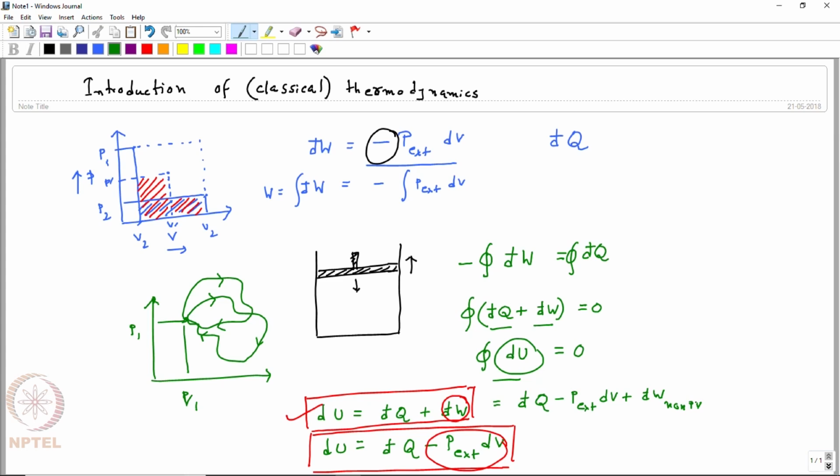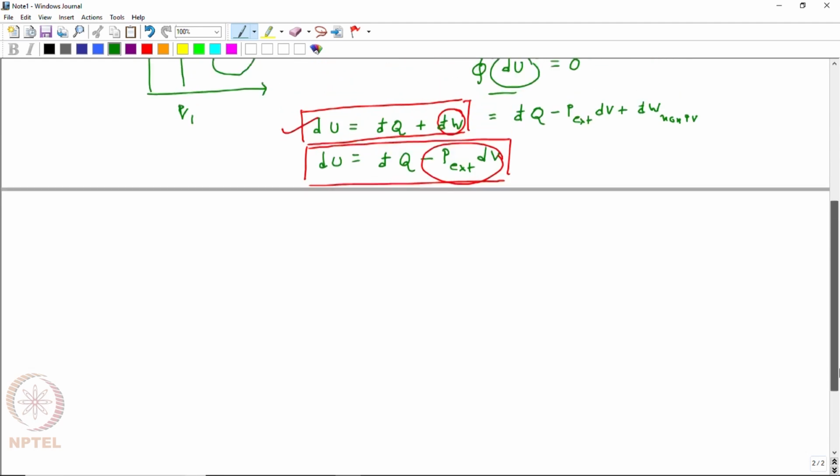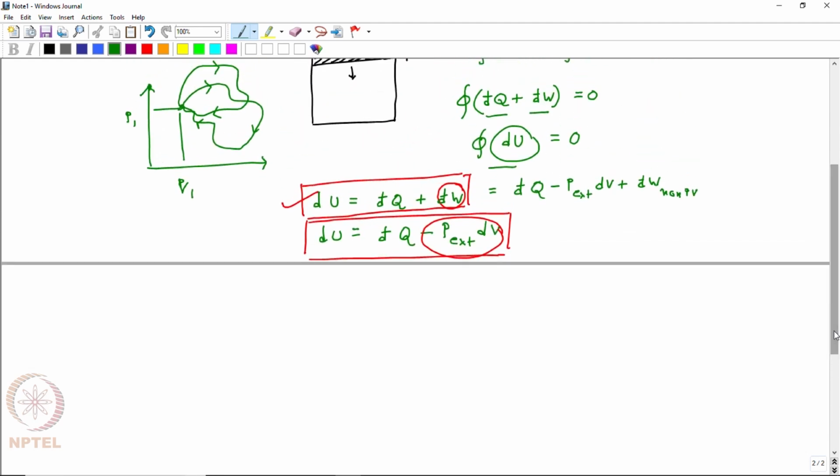And then from the first law, what we further study is this state function which we got right away from the statement of the first law, which is U, known as internal energy, and we explained why it is called internal energy.